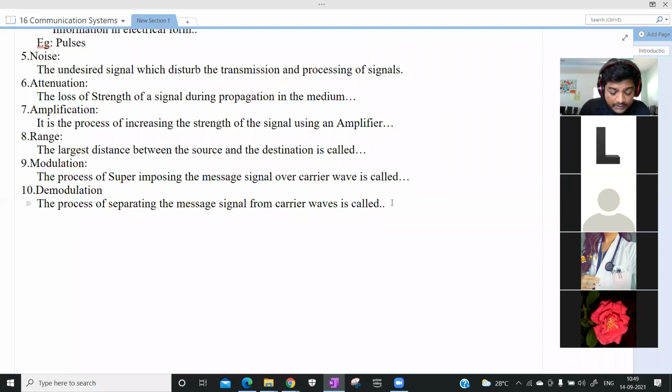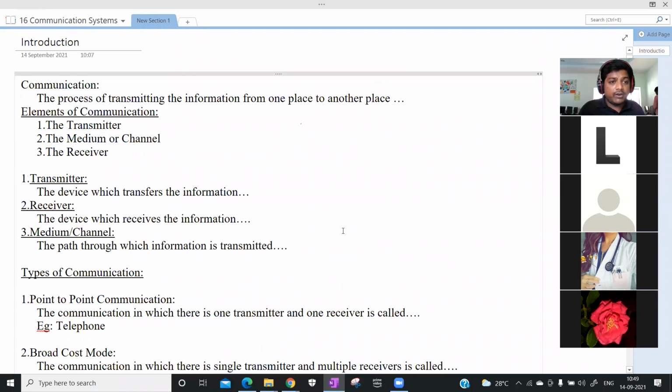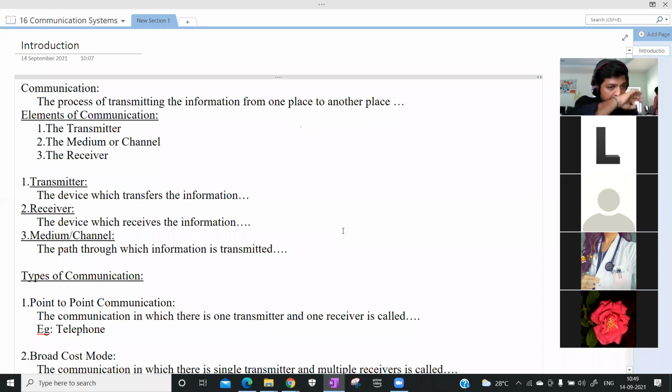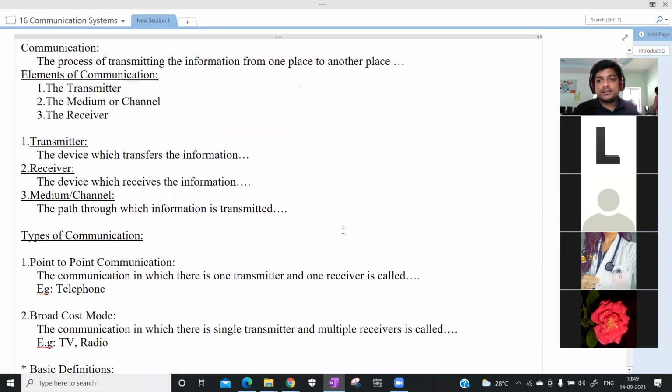So these are some basic terms we are using in communication systems. Understood? Do you want these notes? If you want to take screenshots, I will give them, otherwise I will forward the notes.